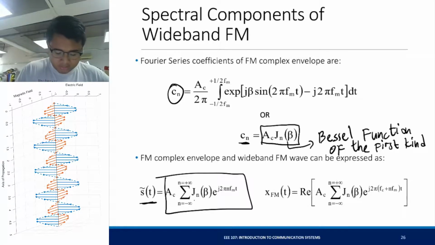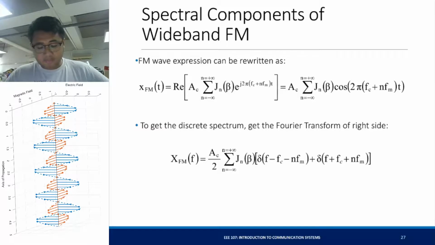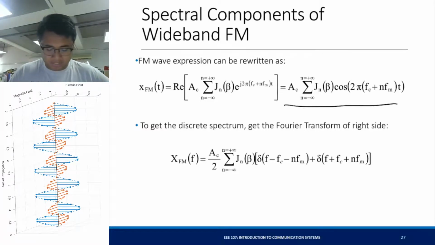The coefficients of the different frequency contents of your signal are the Bessel function, and your actual bandpass FM signal is equal to this. Okay, so the FM wave expression can now be written in this expression right here.